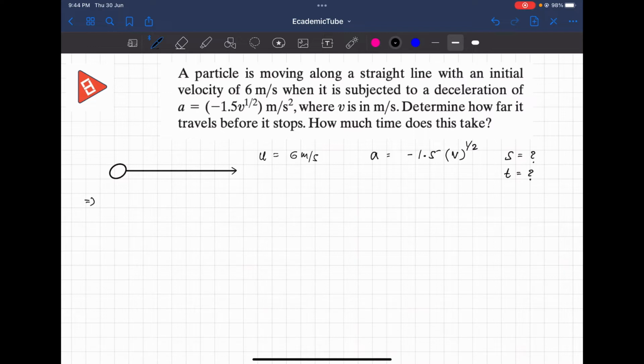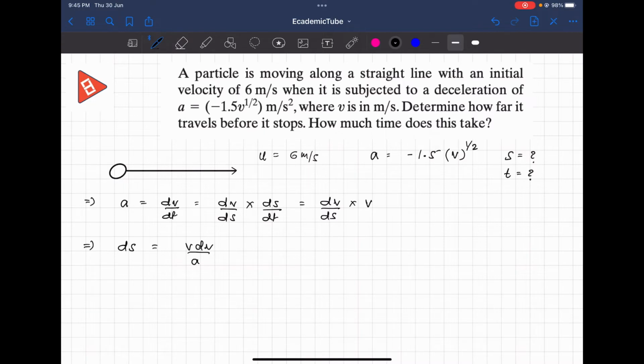as we know, acceleration is equal to dv by dt. We can write this as dv by ds into ds by dt, so dv by ds into v. Rewriting this equation, ds is equal to v dv by a.